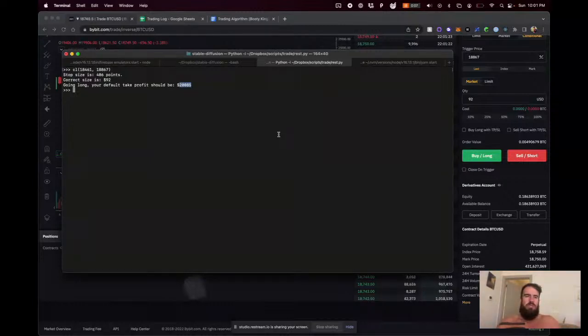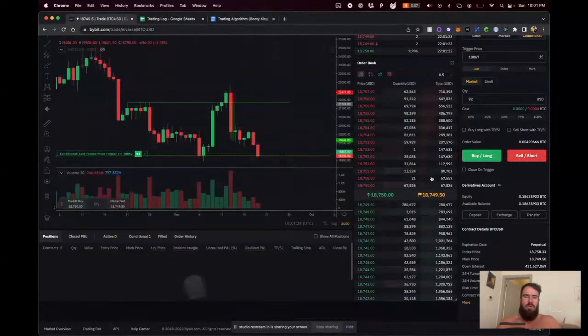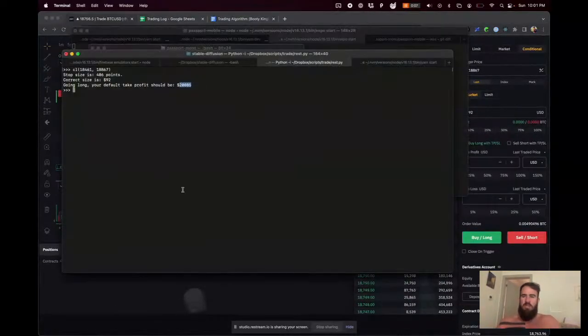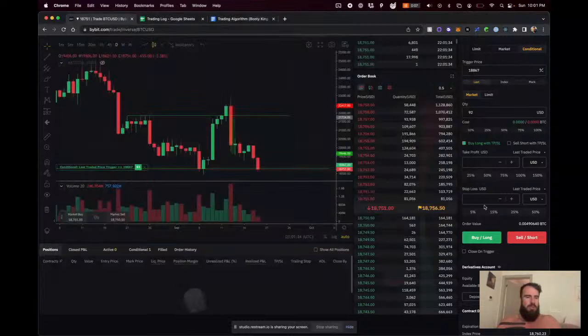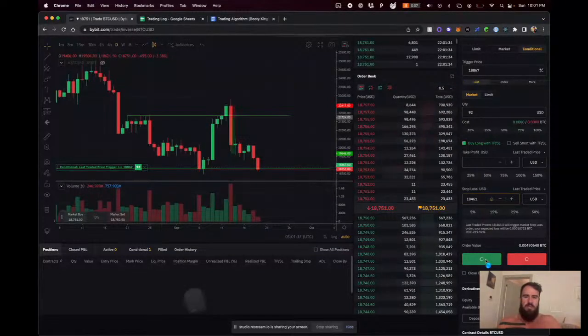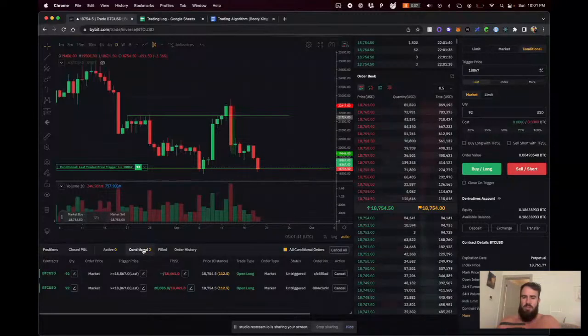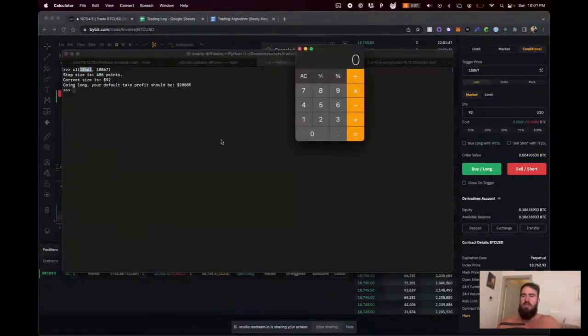So let's go ahead and change that. First, I'm just going to put in this order with the stop loss, and then we'll calculate what the 4-to-1 ratio is. Okay, I already did that. So let's recalculate. Stops is 406.